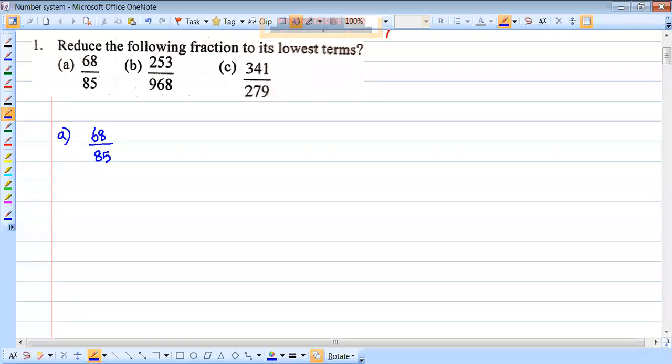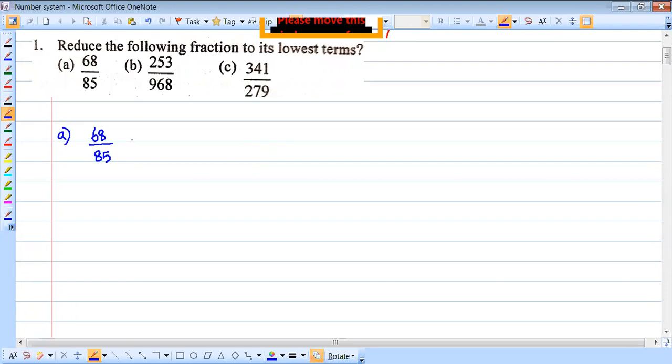4 table not possible, 5 table not possible, 6. So like that we have to check. But if you people are very good in tables, that's why your teachers are always asking you to remember the tables. If you remember the tables, then it will be very easy for you to calculate. So how?